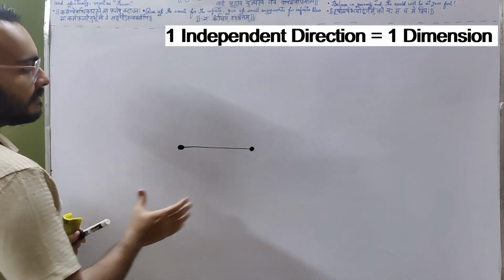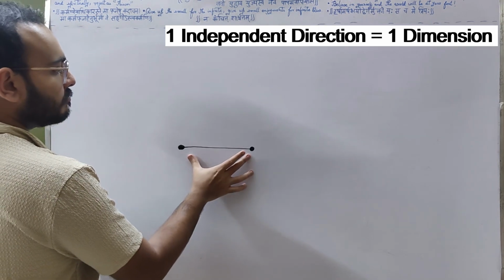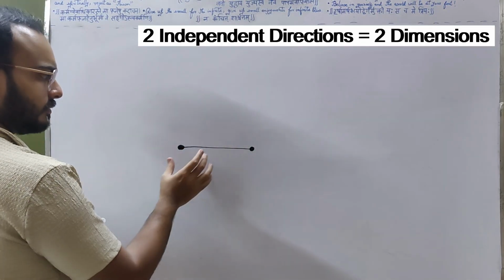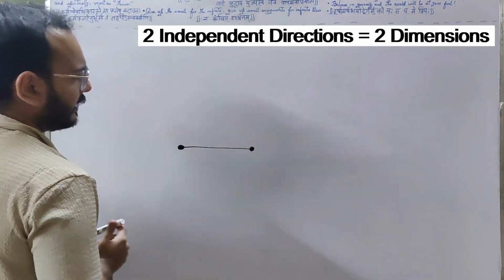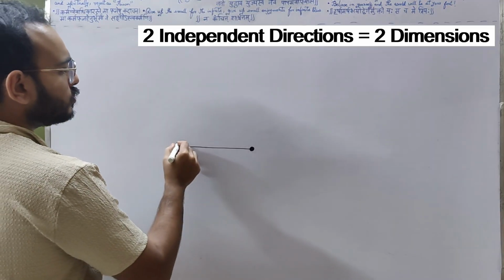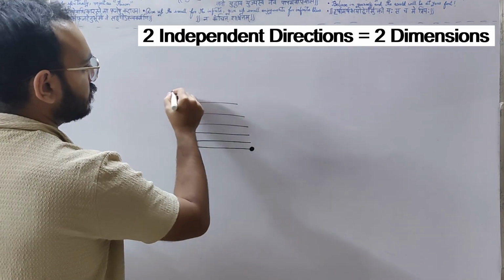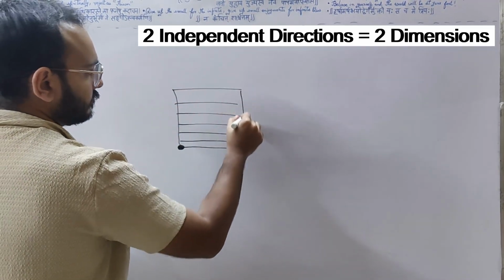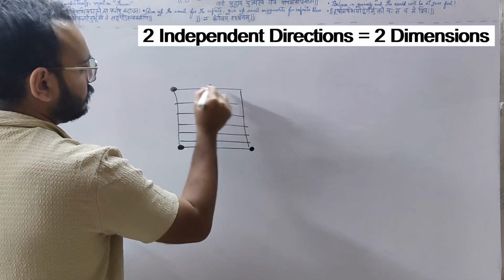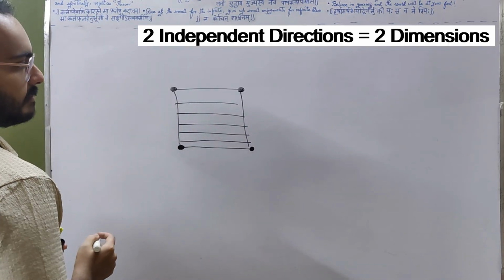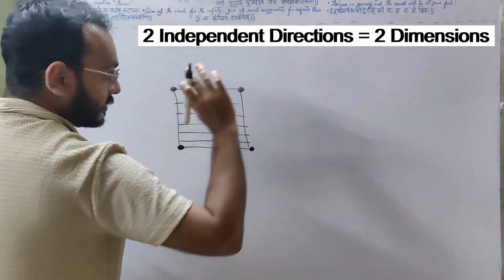Now, if I have this line and I move this line along another independent direction different from the previous one, then I will get a 2-dimensional object which is known as a plane. So this is a plane because it has a length and a breadth.